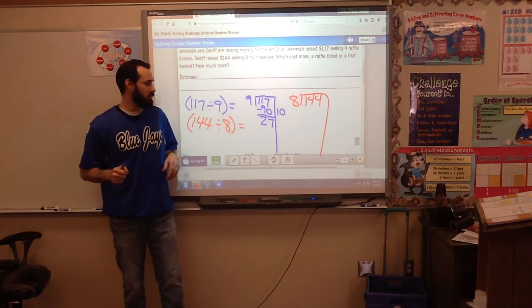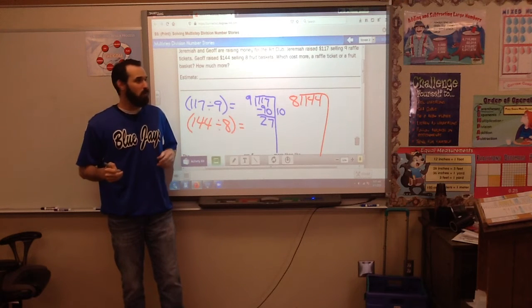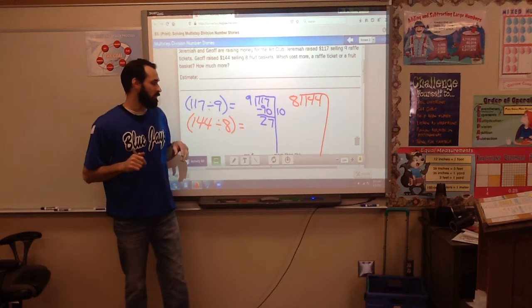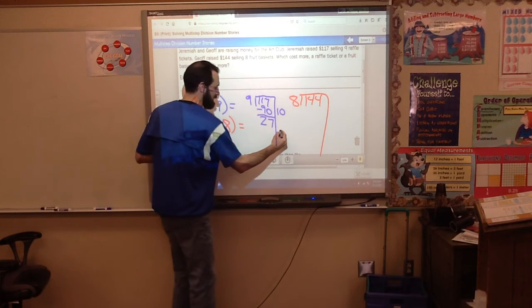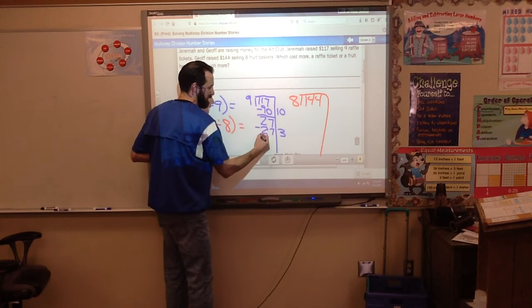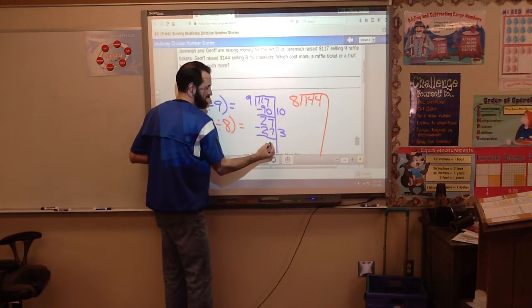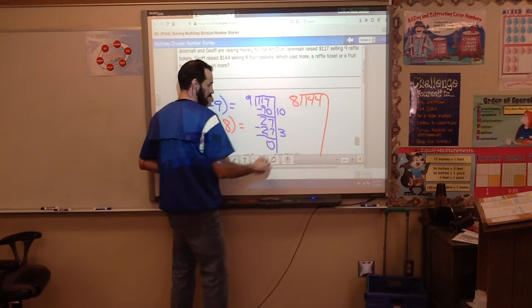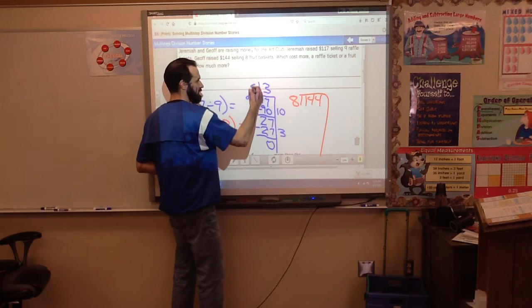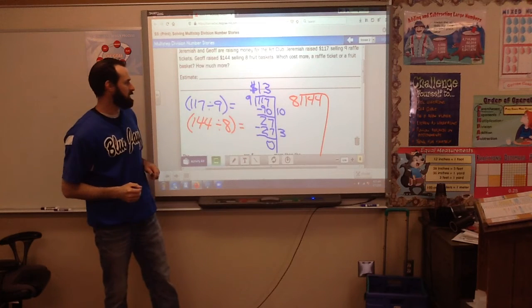How many 9s can go into 27? And if you didn't know, use something that you know is smaller than that. Just keep working your way down. But what I know is that it's 3 9s. 9 times 3 is 27. I'm going to subtract. 27 minus 27 is 0. So your answer for this one should have been $13. Cost $13 for that.